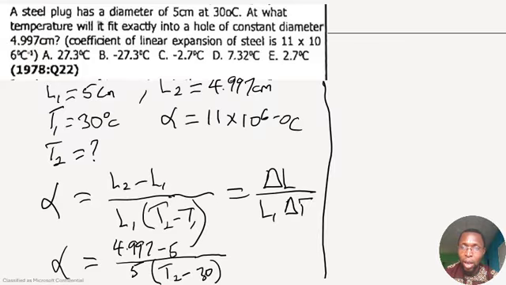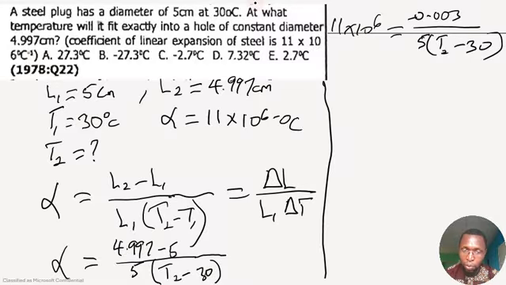So we have 11 times 10 to power minus 6 equals the value of 4.997 minus 5, over 5, into bracket T2 minus 30. 4.997 minus 5 will give us 0.003, right?